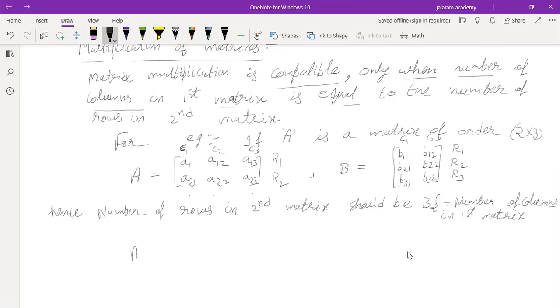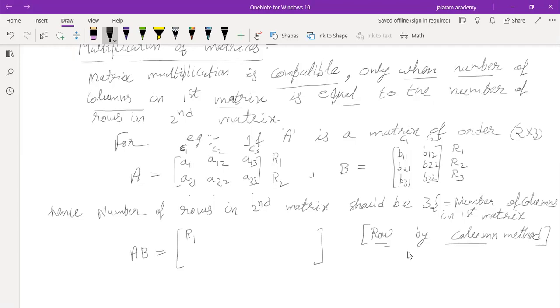Now for matrix multiplication between A and B, remember, we multiply by the row by column method. Row by column method means what? Always we will take a row from the first matrix, like row 1. R1 is the row from first matrix; A11, A12, A13 are the elements of this.